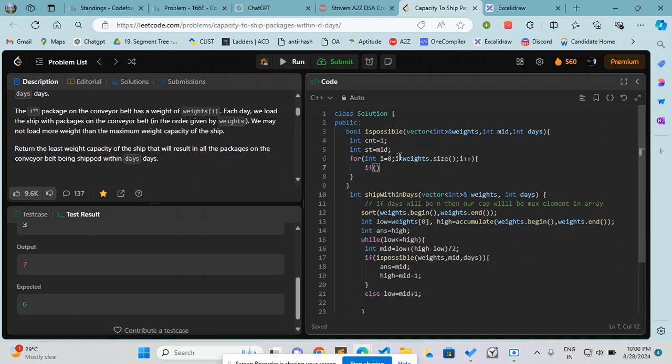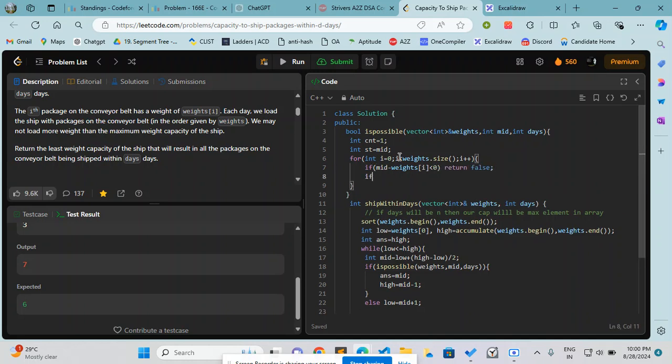If I encounter any weight that is greater than our mid, meaning greater than the maximum capacity, this weight cannot be supplied, so we just return false.